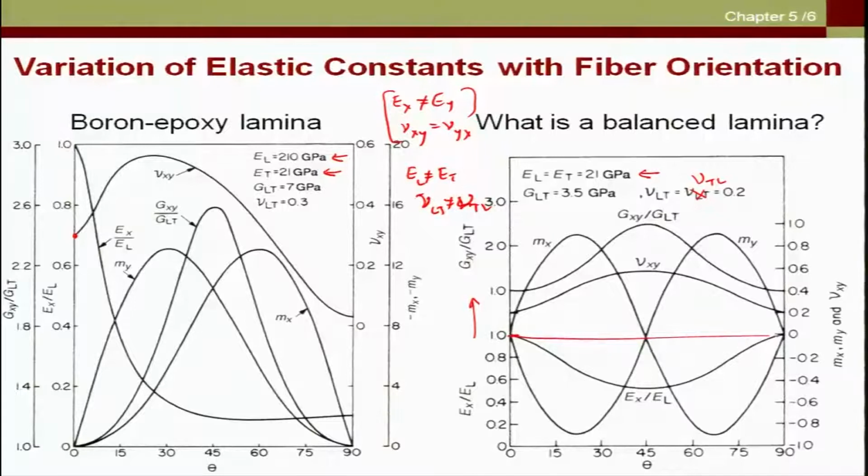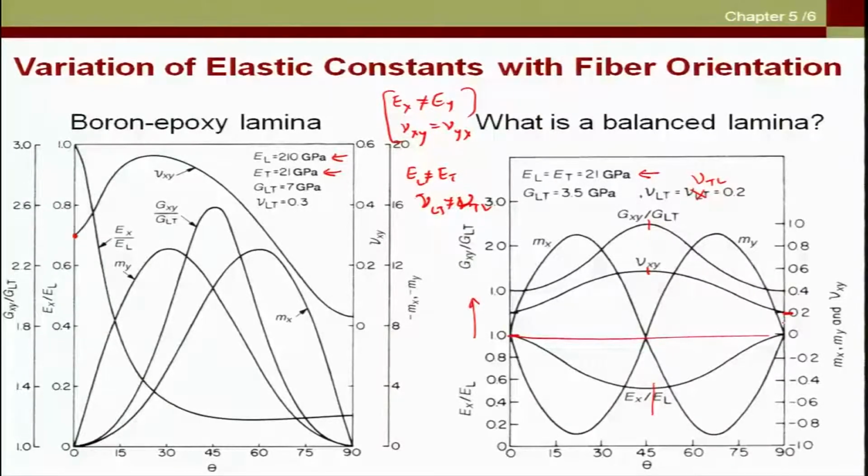So, the curve for Ex is symmetric around the line theta equals 45 degrees. Ditto for Gxy, but Gxy was anyway symmetric even for unbalanced laminates. But nu xy is also symmetric, and it increases to a maximum, but it again becomes 0.2.